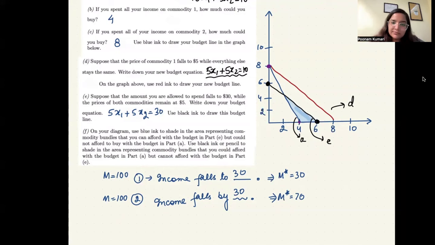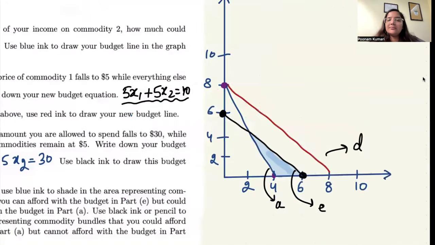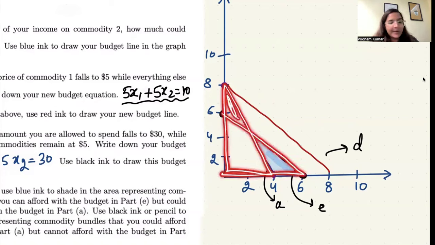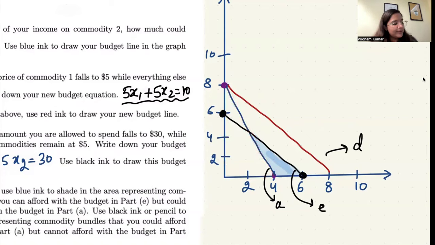Ma'am, between the 6 and 8 on the board. वो 6 to 8 वाला जो एरिया. वो मैं अब पार्ट ए के हिसाब से तो खरीद सकती हूँ, ये वाला एरिया है, लेकिन पार्ट ई के हिसाब से मेरे बजट के वो बाहर है, तो वो ये वाला एरिया हो जाएगा. राइट. तो उसको मुझे ब्लैक से शेड करना है थोड़ा सा, तो इट इज गोइंग टू बी दिस. राइट.